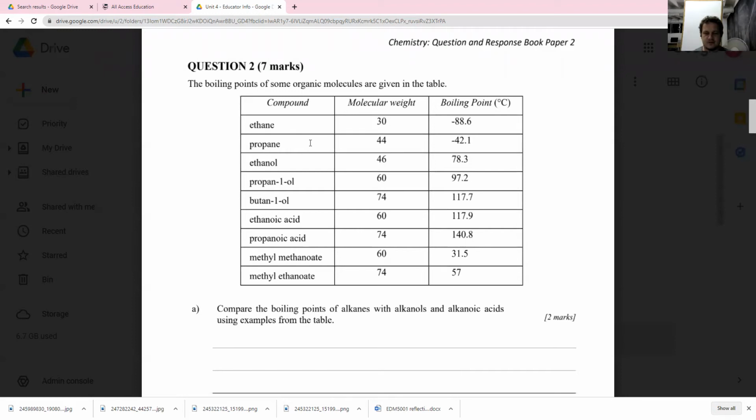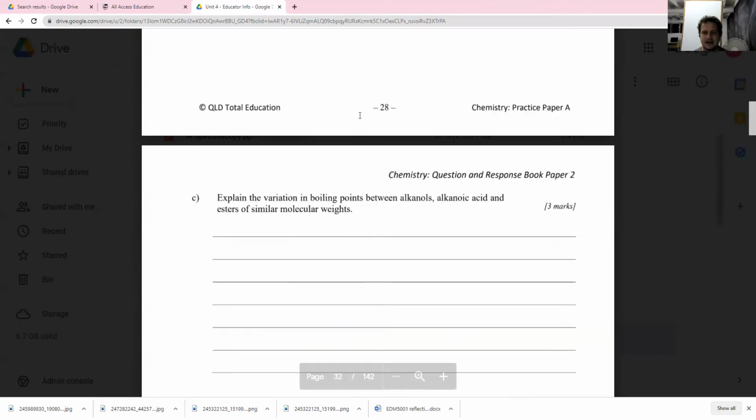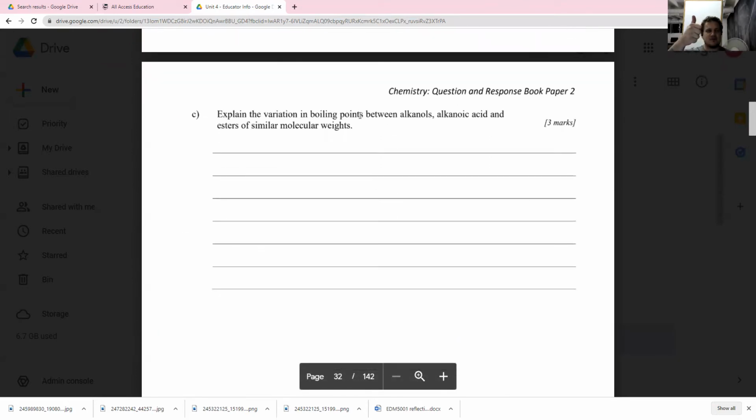So things to consider to get 3 marks in this. The type of bonding present in each molecule. That's probably half a mark. That's 1.5 marks there, if you can identify the intermolecular forces present between and link that to your explanation of this has higher boiling point. I'm going to give you guys 2 minutes to come up with an explanation for that one.